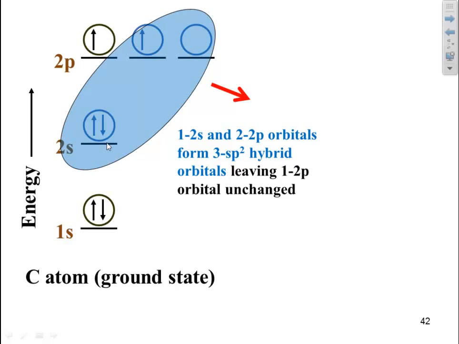So this 1 electron is going to be promoted up. However, only 2 of the p orbitals and the 2s orbital are going to rearrange and form the sp2 hybridization. This other orbital will stay unchanged and be part of that double bond.